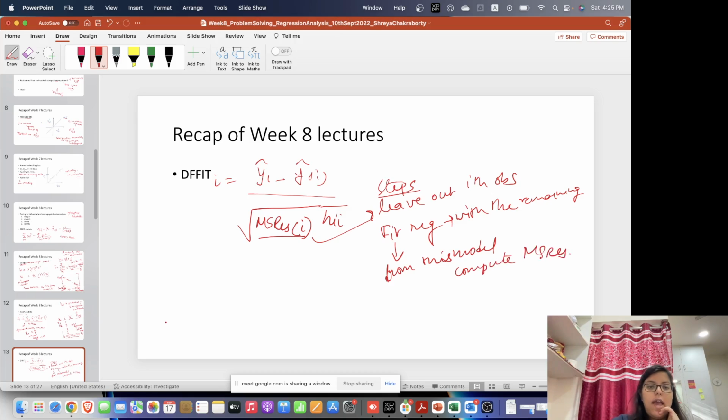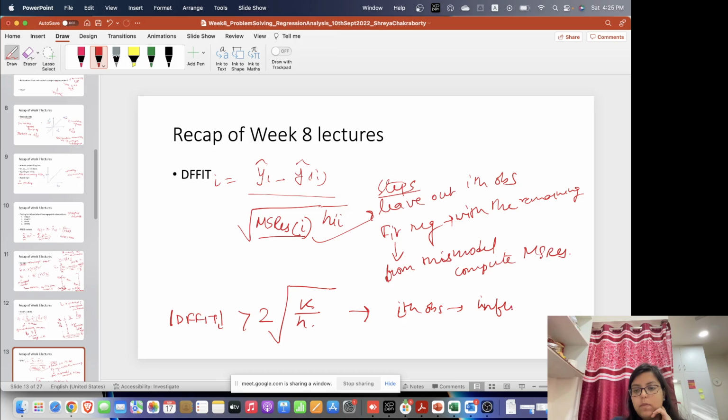Okay, and if the DFFIT for the ith observation is greater than the threshold 2 root k by n, then we say that the ith observation is possibly an influential observation. And this DFFIT is calculated for each i.